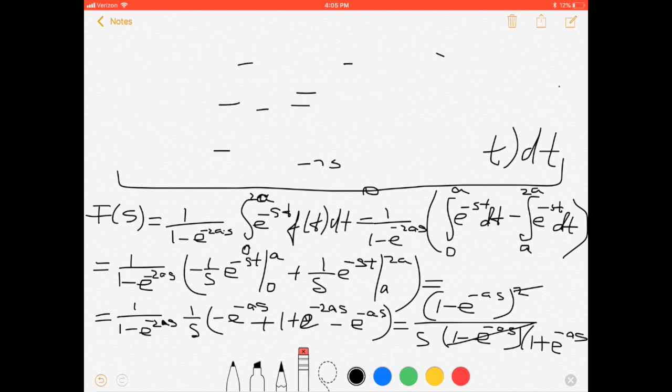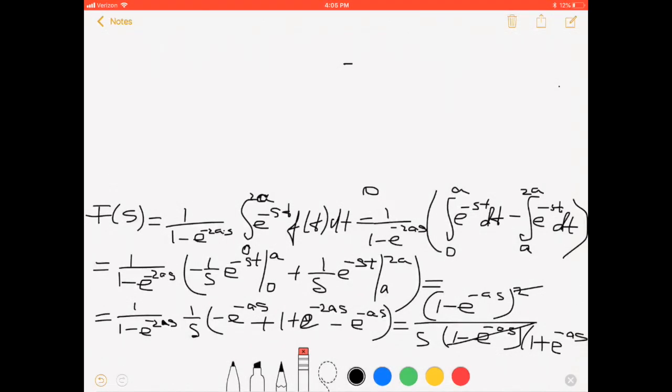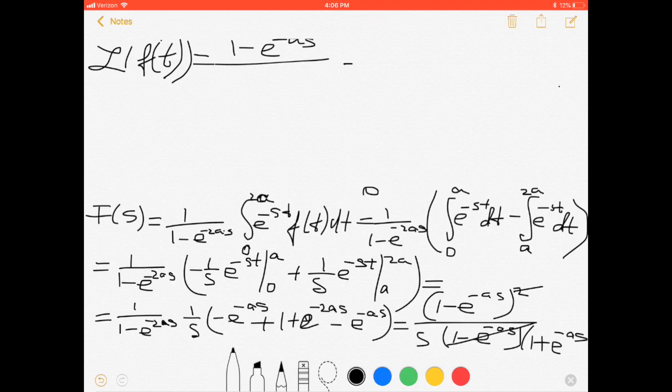Let me clear my theorem. Remember we have some function f(t), and the Laplace transformation for this function is F(s) equals 1 minus e to the minus as over s times 1 plus e to the minus as.